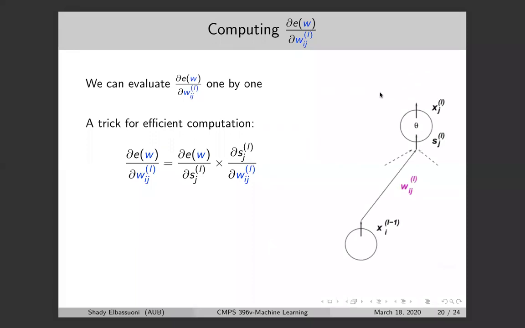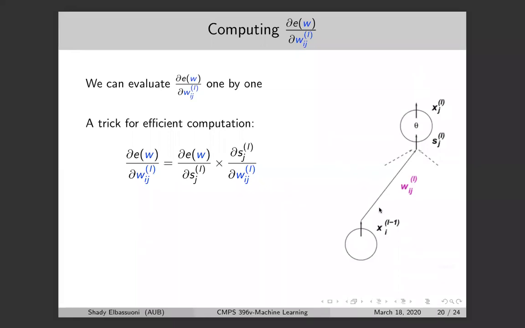The error comes from outside, from the very upper layer. And I want the derivative with respect to this particular weight Wij of any layer, so some layer inside the neural network. So I'm going to break it into the derivative of the error with respect to the signal here times the derivative of the signal with respect to the weight.